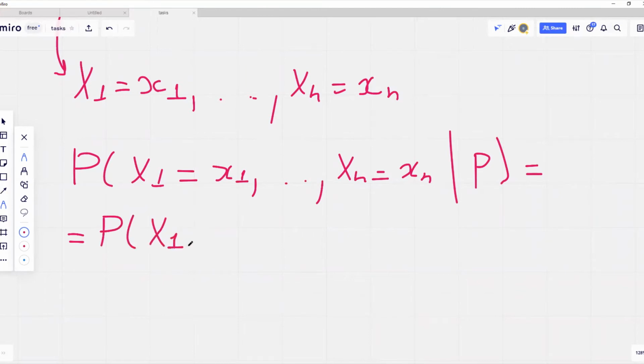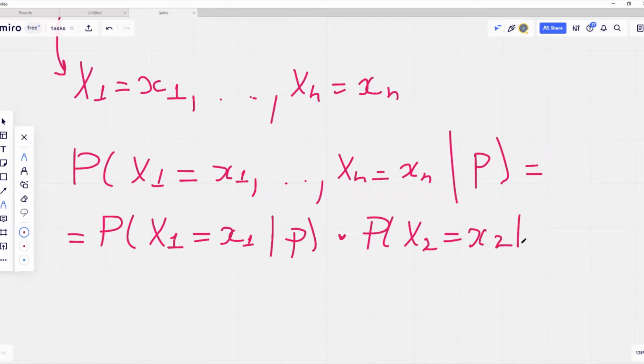So this is the probability that the first coin lands on x1, given that the probability of landing on heads is equal to P, multiplied by the probability that the second outcome is equal to x2, given P, and so on.